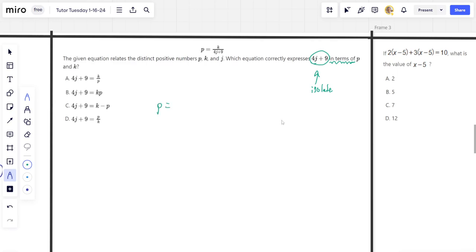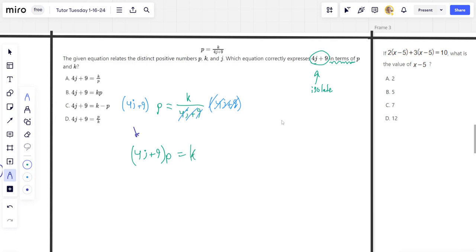If I have p equals k divided by 4j plus 9, what I could do here is multiply both sides by 4j plus 9, because you can see that would cancel out the denominator. So what I get is 4j plus 9 times p is equal to k.